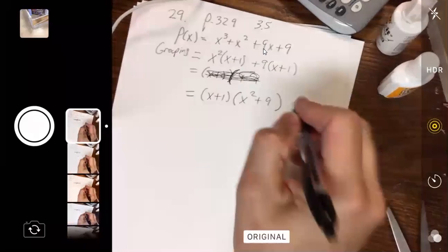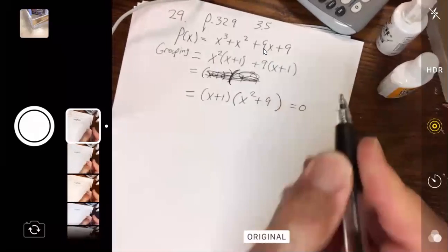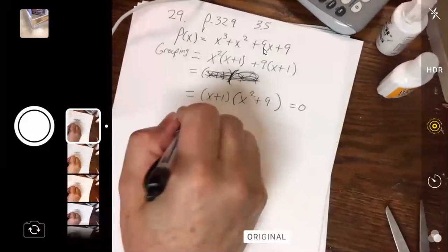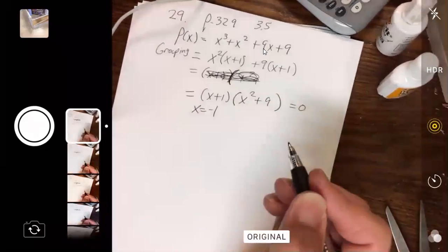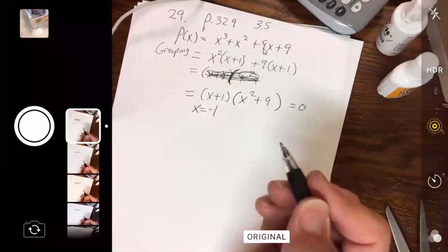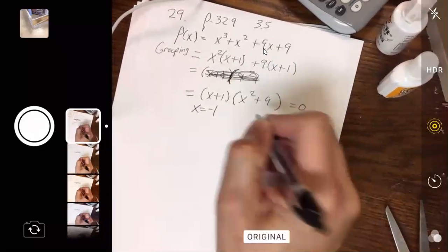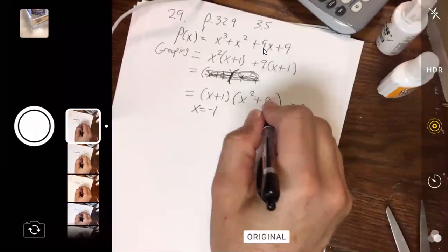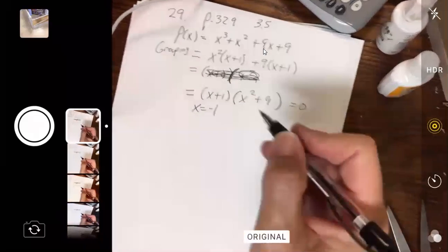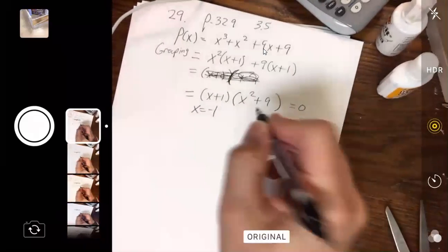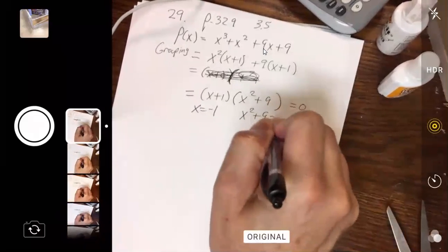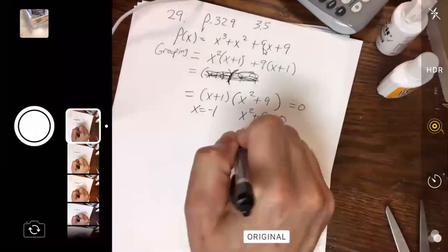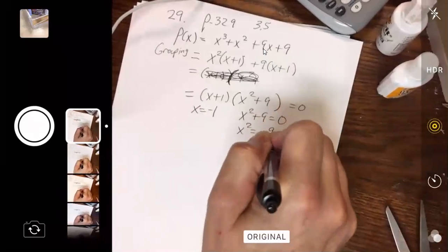If you again set this to 0 to get your zeros, you can see you had a zero here of -1. Now the other one is going to be your imaginary zero. That's what they've done to you. You're going to have x squared plus 9 equals 0. X squared will equal -9.